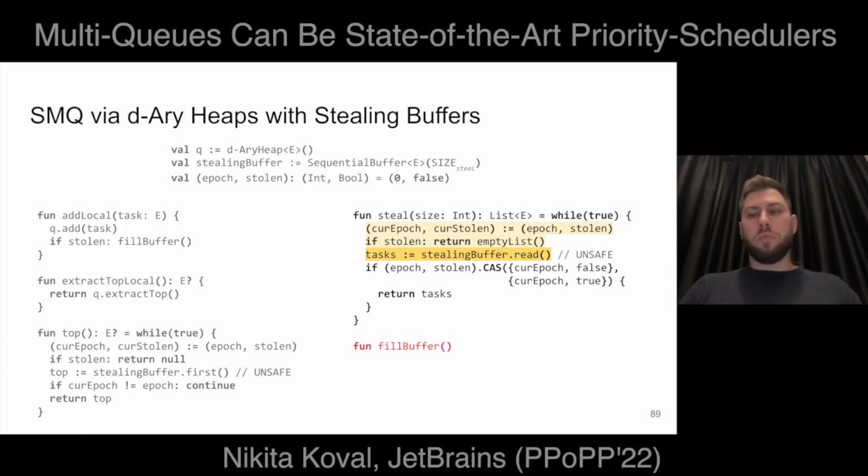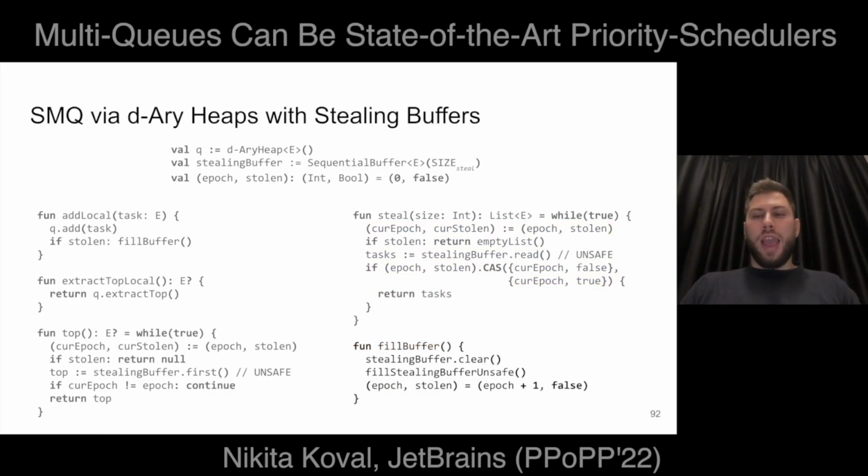It doesn't matter now, because after reading, we check again whether the epoch is still the same and the flag is set to false, and we try to make a CAS by changing the flag if the epoch is the same. If the CAS succeeds, we've successfully stolen the tasks, so we return them. Otherwise, we simply restart.